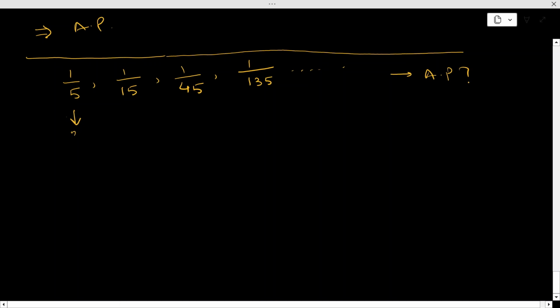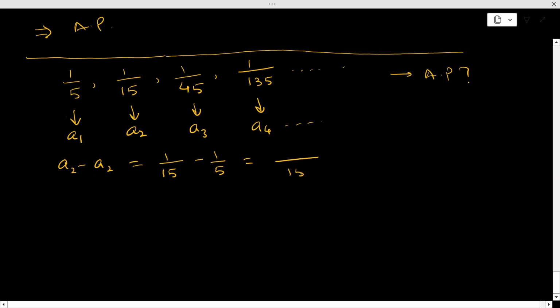We mark these as A1, A2, A3, A4 and so on. The process is the same. We take the difference A2 minus A1. That will be 1 upon 15 minus 1 upon 5. If you take the LCM as 15, you get 1 minus 3, so this is minus 2 upon 15.